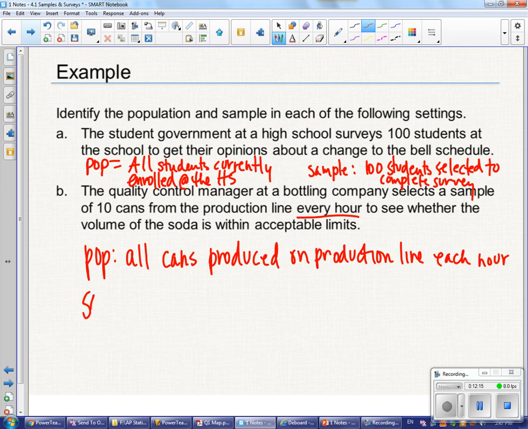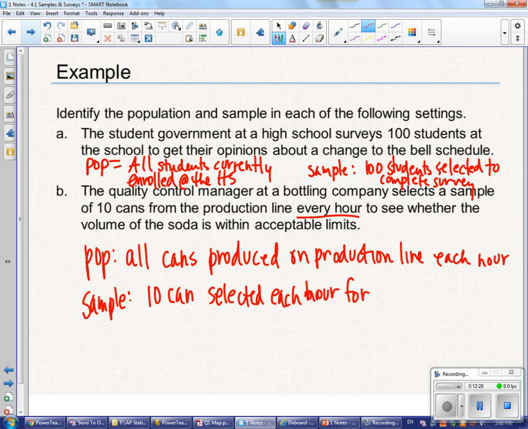And then our sample would be the 10 cans selected each hour for review.